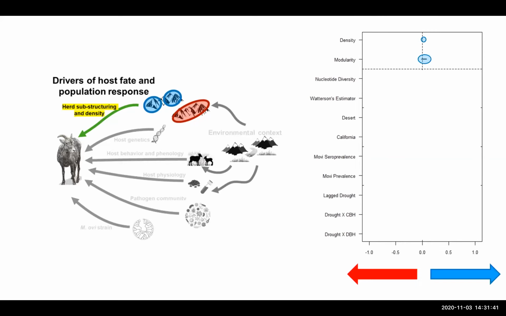So at this point, it's not statistically significant, but it does have a positive trend, which is what we expected. The more substructured a population is, the less spreading in between subgroups, which could reduce lamb mortalities. So we want to do a little bit more investigation on that metric in future iterations of this model.